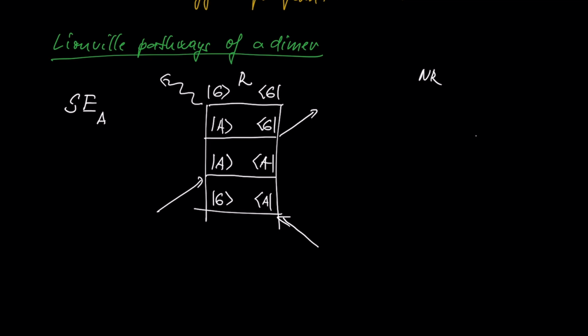So this is certainly a good Liouville pathway for the stimulated emission signal, because we went through the excited state of the rephasing type, and we have to complement this by the non-rephasing pathway, which looks basically the same, except that it starts from the left.